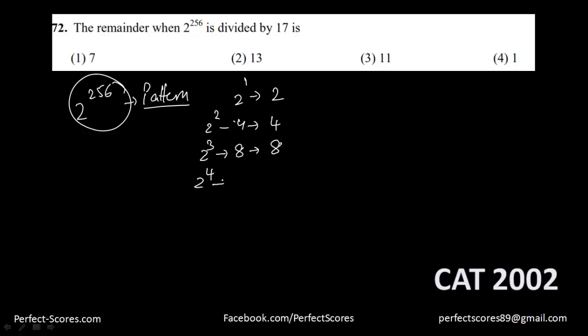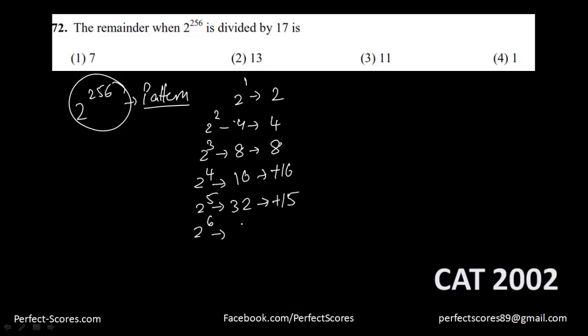When 2 to the power 4 is divided by 17, and when 32 is divided by 17, the remainder is plus 15.